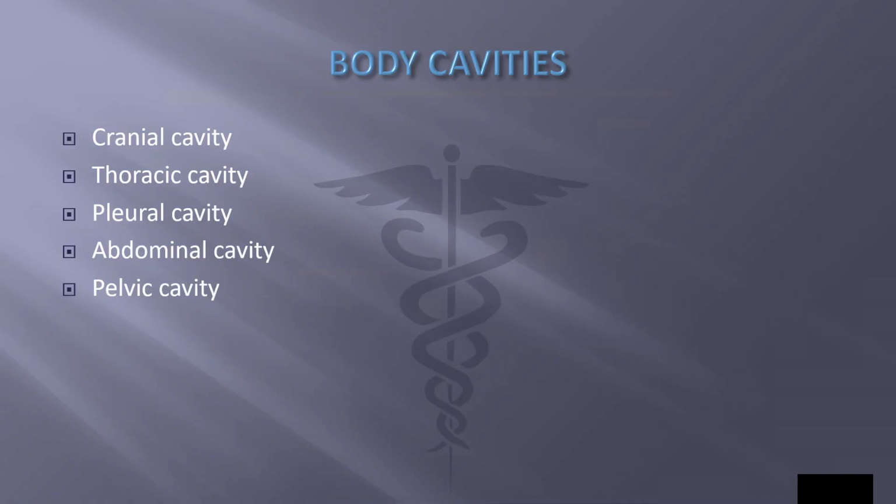The pelvic cavity is surrounded by the pelvis, the bones of the hip. The major organs located within the pelvic cavity are the urinary bladder, ureters, tubes from the kidneys to the bladder, urethra, tube from the bladder to the outside of the body, rectum and anus, and the uterus, which is the muscular organ that nourishes the developing embryo and fetus in females.